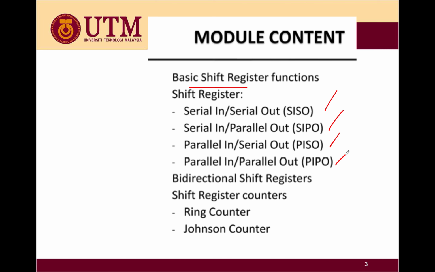And after that, you're going to look into bidirectional shift registers. And then shift register counter, there are 2, which are ring counter and Johnson counter. So this is just the overview of the contents under our module 9, the last module for your digital logic.